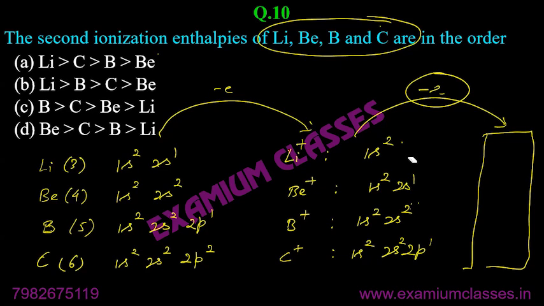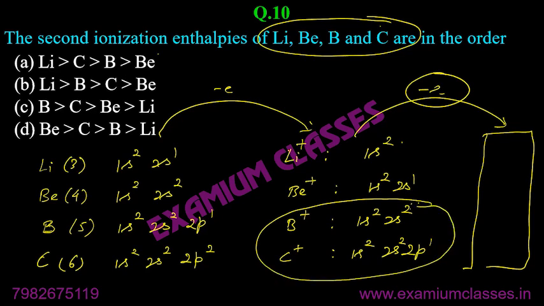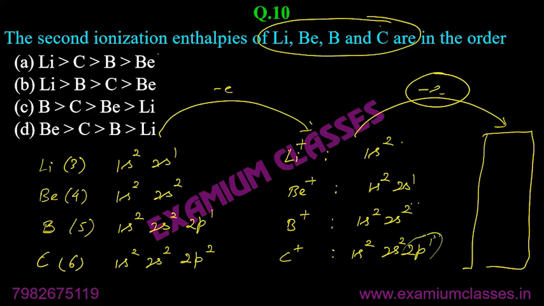Okay. Now come to beryllium. In all, beryllium is at the end, so leave it. You need to consider which one will be correct, whether carbon or boron. Which one will require less energy? Obviously, the p orbital is much greater than the s orbital. In the p orbital, the electron is away from the center, so C+ will require less energy as compared to boron.